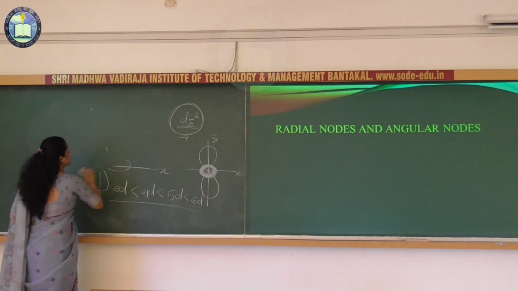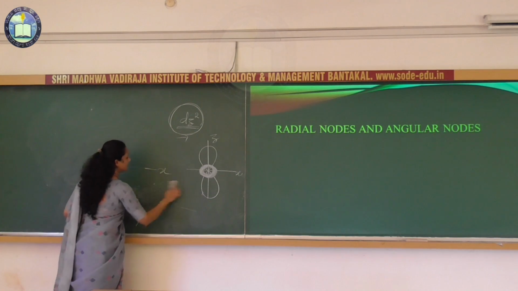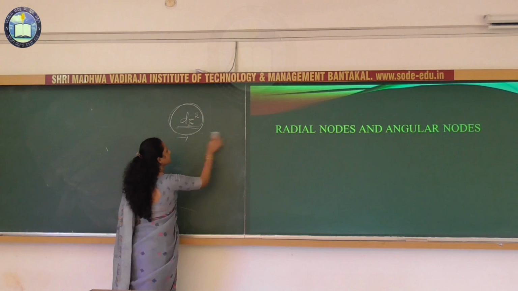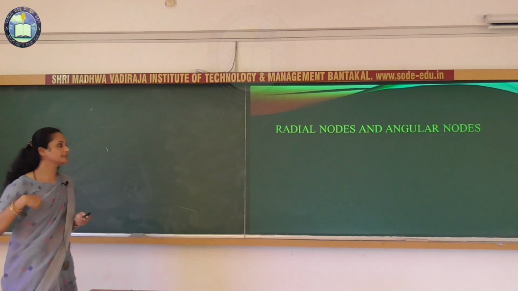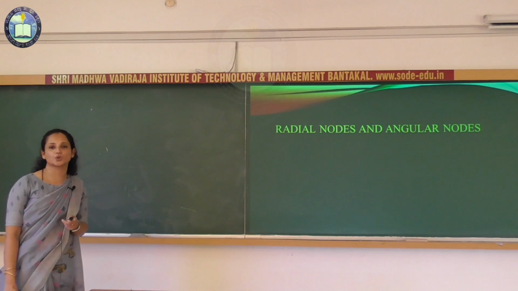I have already explained the node concept. We know that nodes are the regions where the probability density becomes 0.